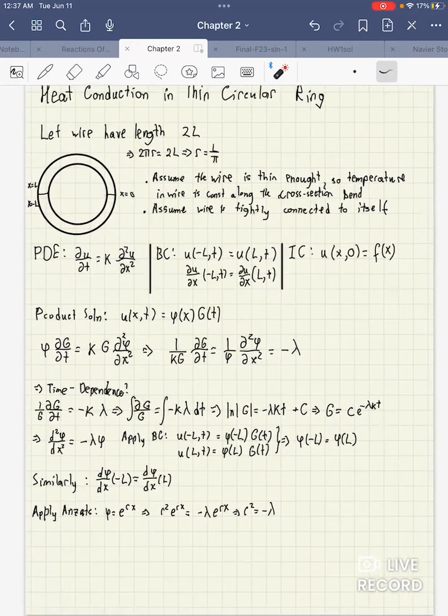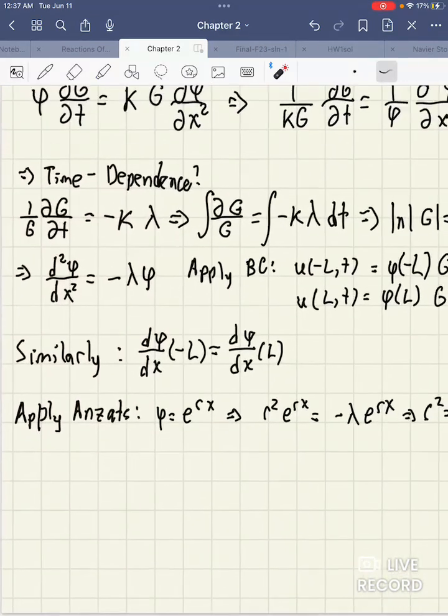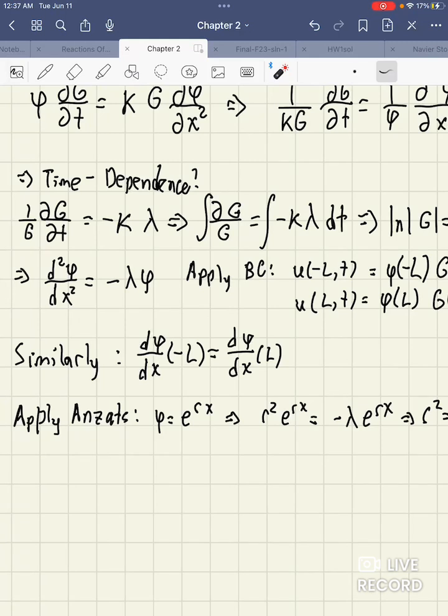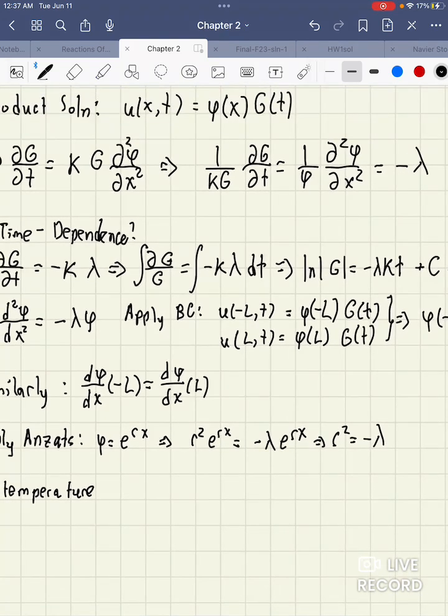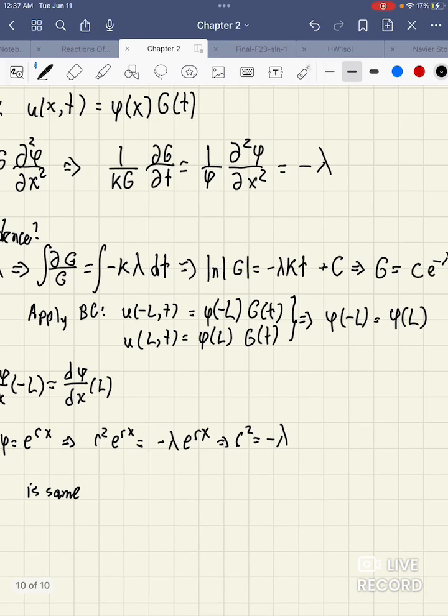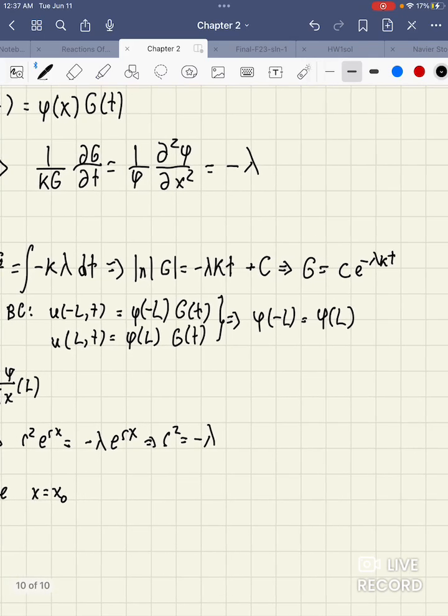Meaning that our temperature is the same for any arbitrary point x equal to x naught.